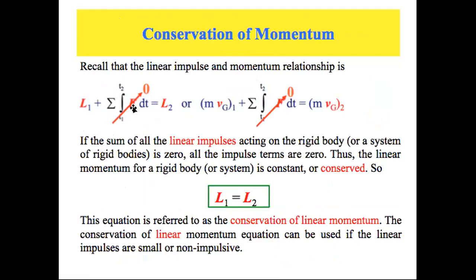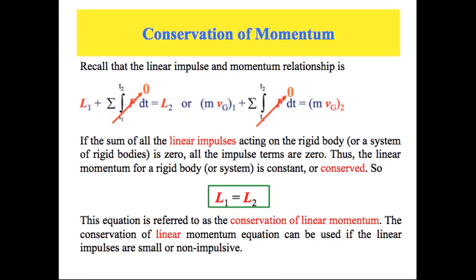For conservation of momentum, this is the equation of linear impulse and momentum. If the sum of the linear impulses acting on a rigid body or a system of rigid bodies is zero, all the impulse terms are zero. Therefore, the linear momentum of the rigid body is constant, or conserved, and the linear momentum at time t1 equals the linear momentum at time t2.